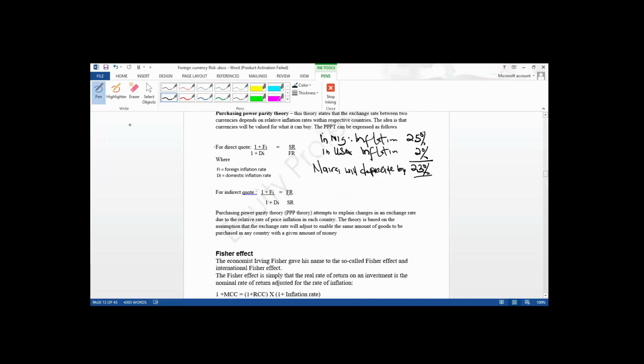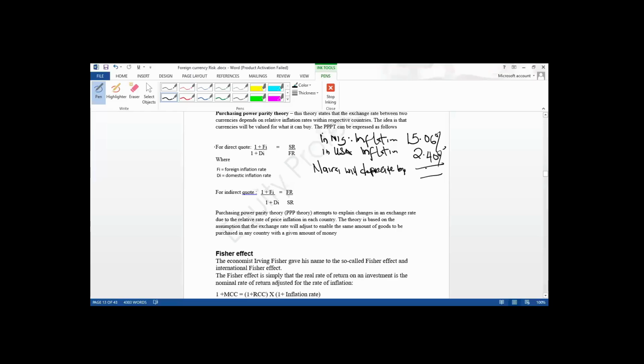Look at this. As at February in Nigeria, inflation is 15.06. The same February in US, inflation is 2.40.